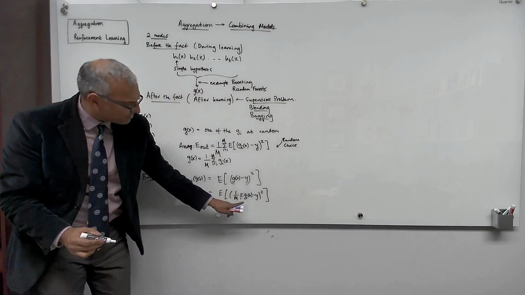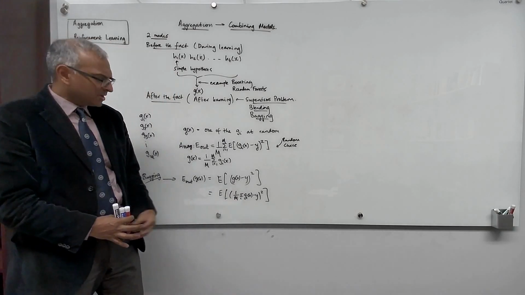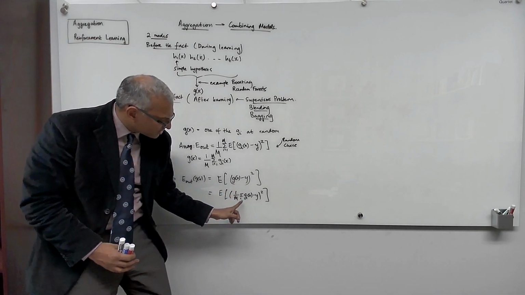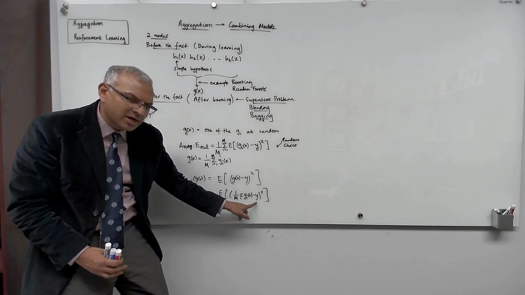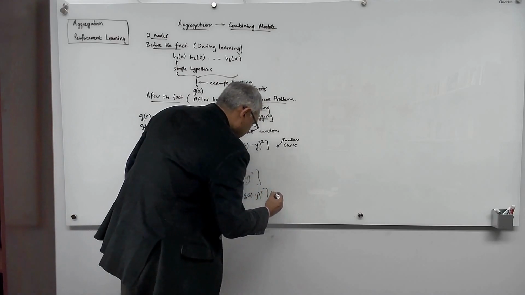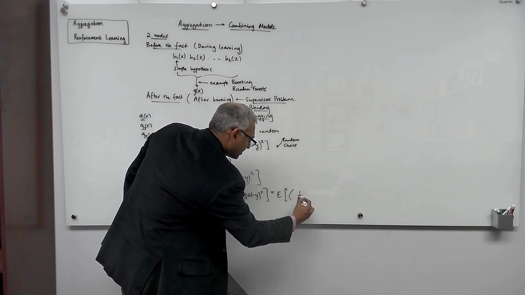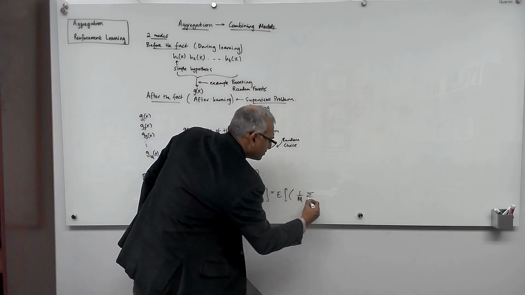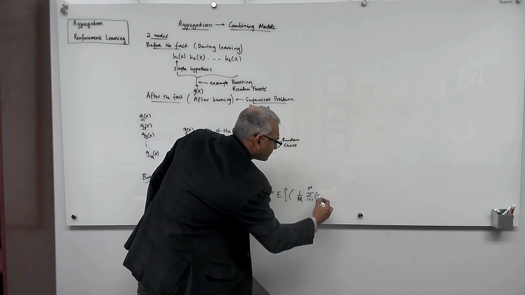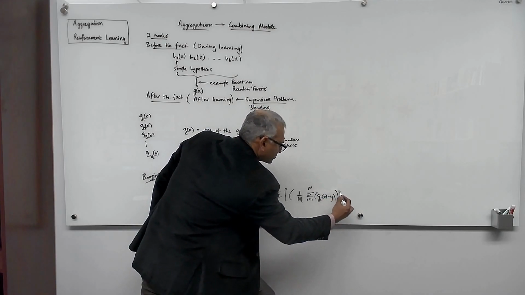I just replaced g by the average of the g_i of x. Now this is a sum of M terms, so I can split up this y into M terms, each of size y over M. And so I can rewrite this as the expected value of (1 over M, the sum from i equals 1 to M of (g_i of x minus y)) squared.